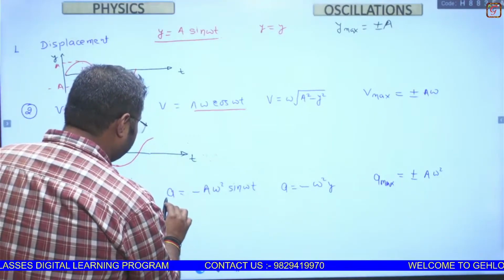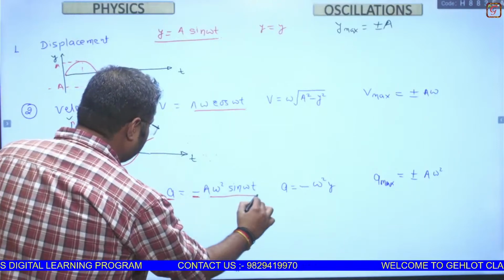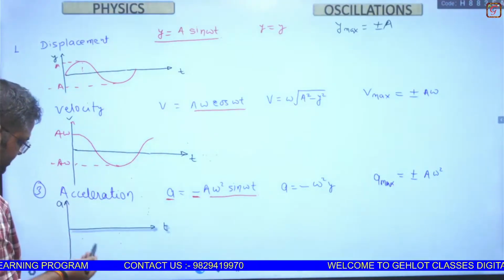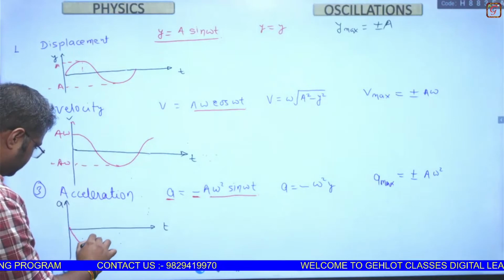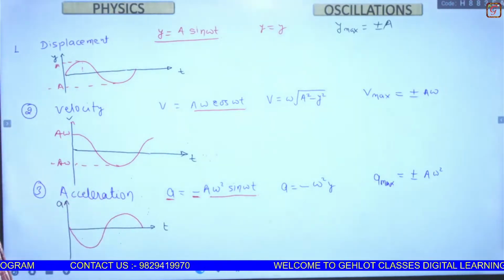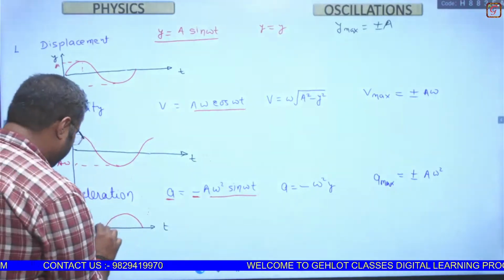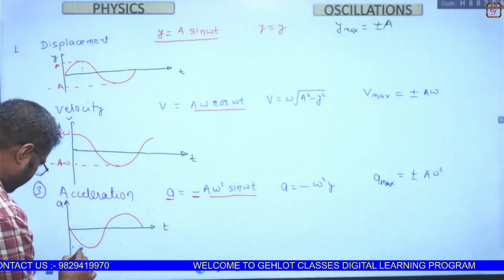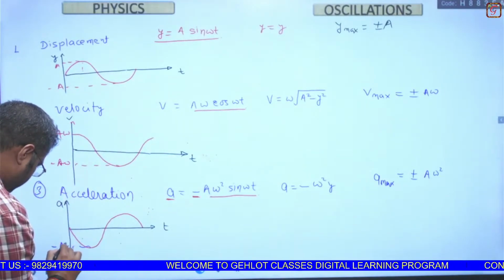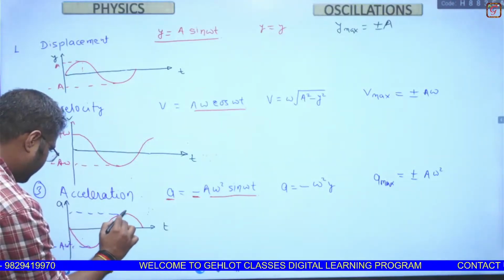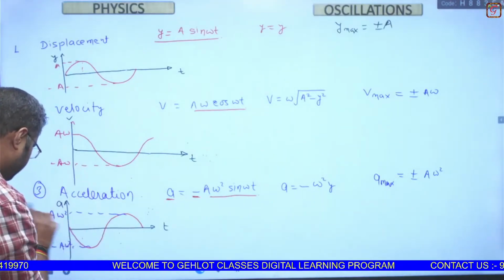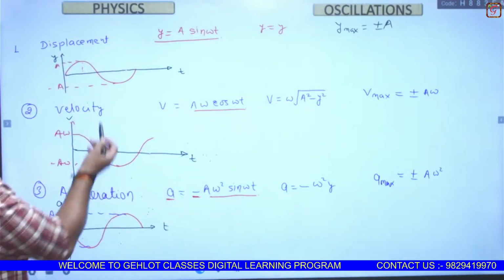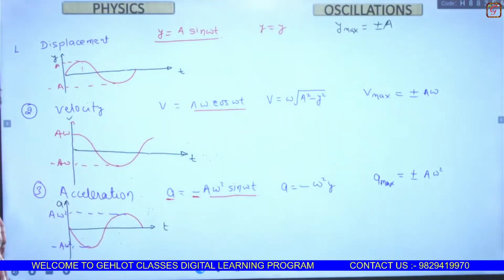The acceleration equation is a minus sine curve, so the graph will look like this, and the maximum values are minus a omega square and plus a omega square. So this is the comparison between displacement, velocity, and acceleration.